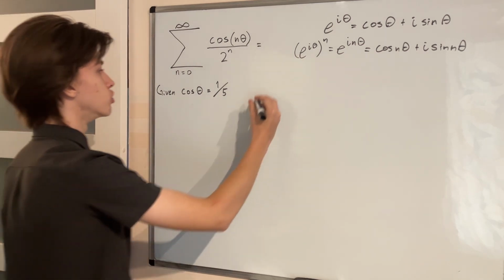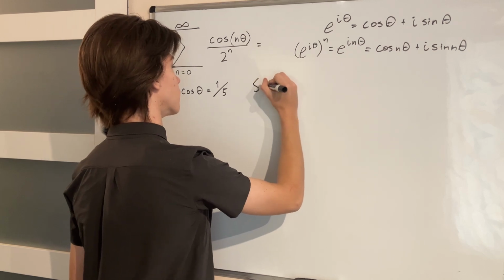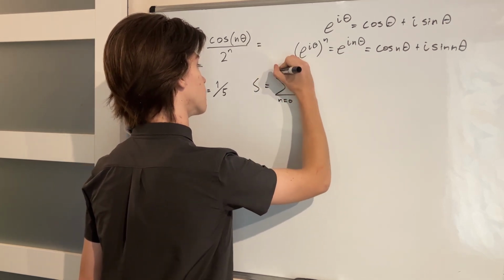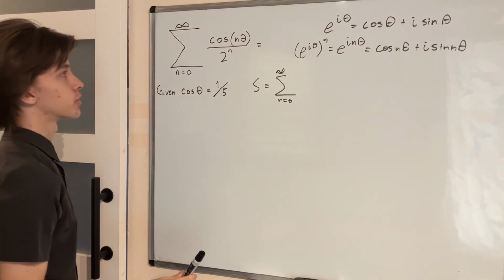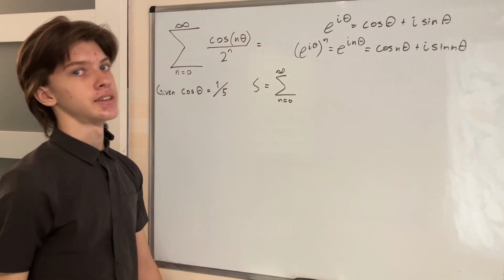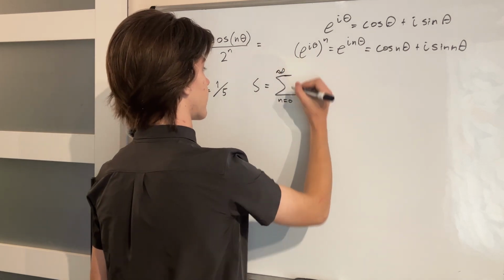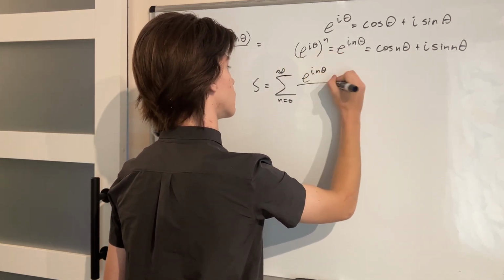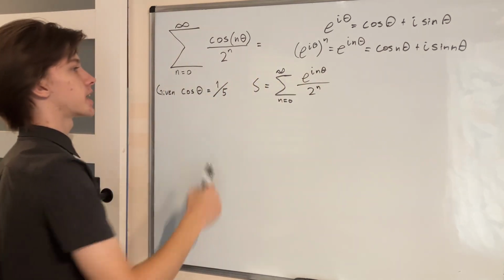So let's define a new sum, the value of which we will call s, which is going to also be from 0 to infinity. But here we're going to substitute the cosine of n theta for e to the i n theta. And watch what will happen. We substitute that in, e to the i n theta over 2 to the n still, as we have here.